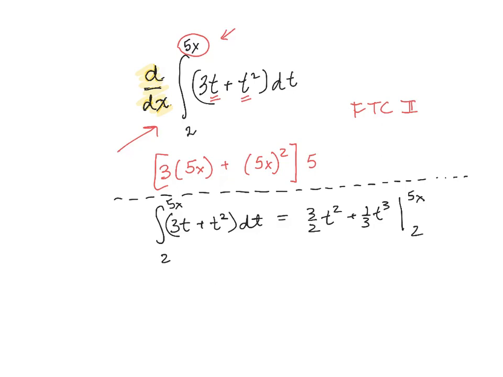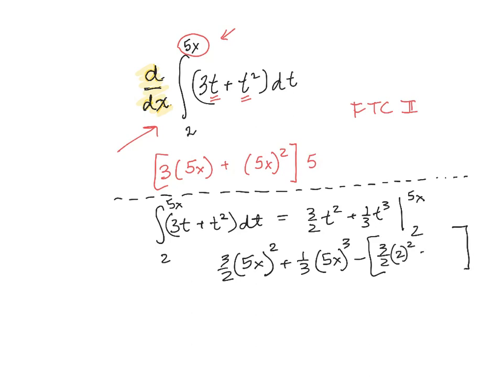All right, using FTC 1, placing f of b, here's our b, which is 5x, and then minus f of a, placing our 2 into our function. Kind of a mess there.